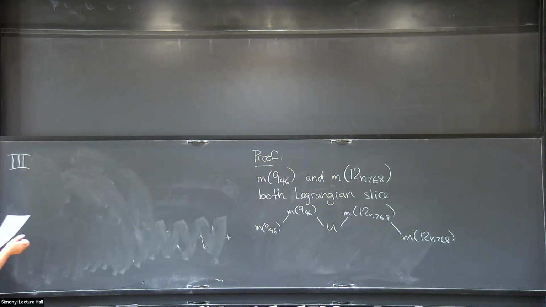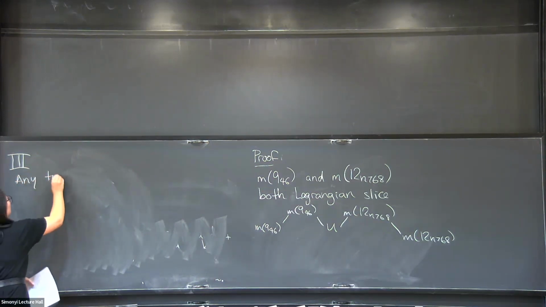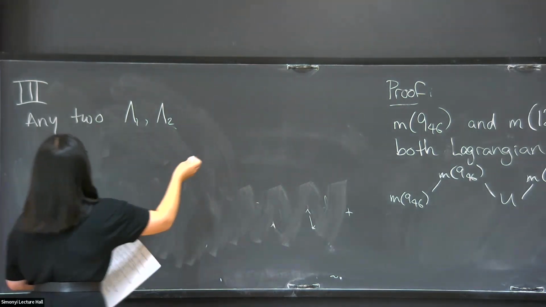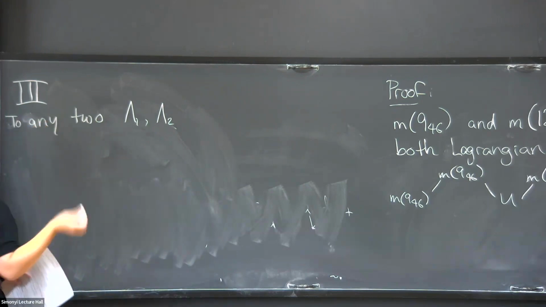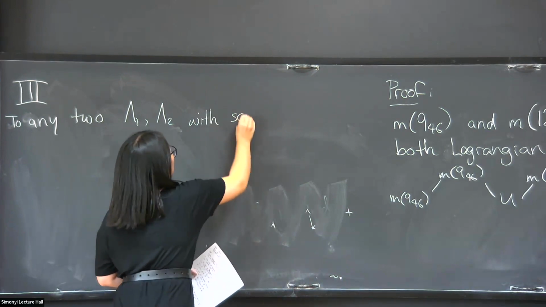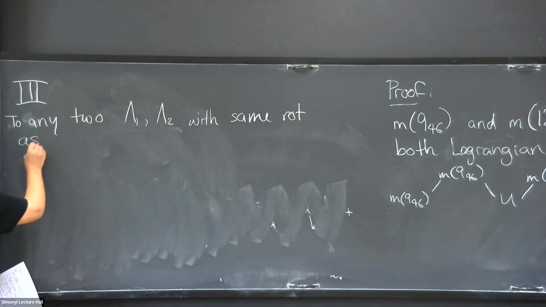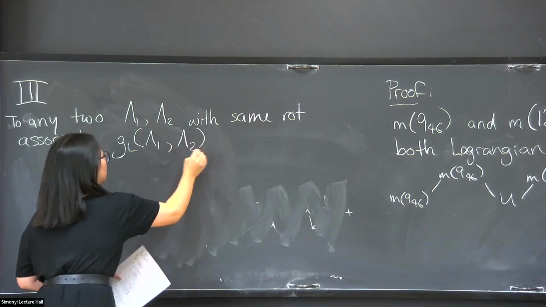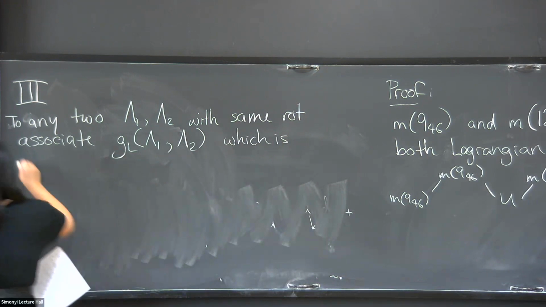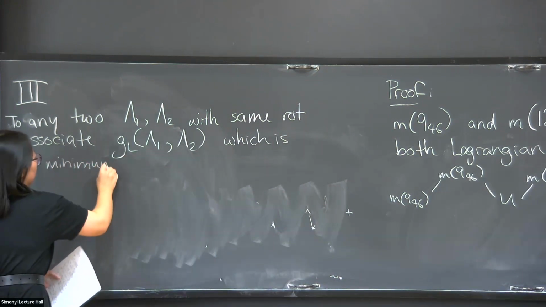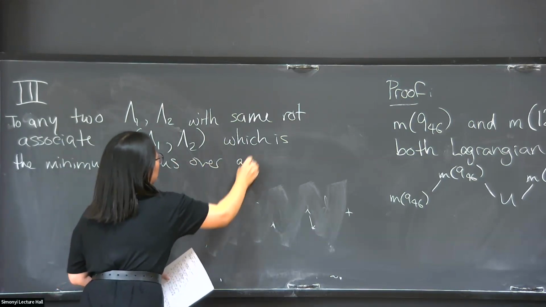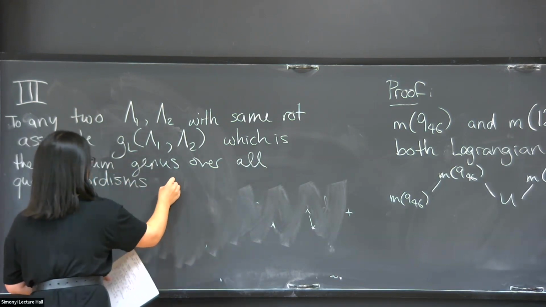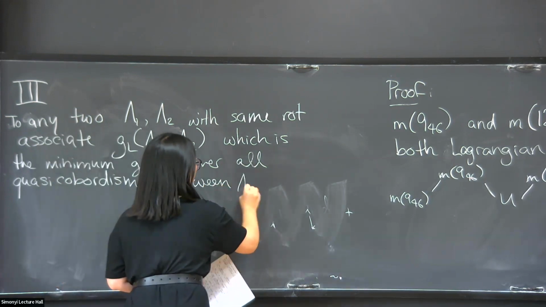All right, so if I have any two Legendrians, let's call them lambda 1 and lambda 2, with the same rotation number, I can associate a number which is the minimum genus over all quasi-cobordisms between lambda minus and lambda plus.